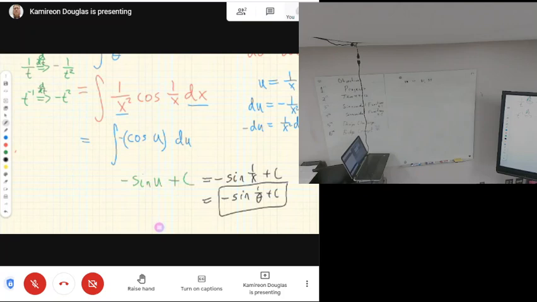A trick that my teacher used to show me was to rewrite the original problem here at the end. That way I make sure it's in the right form. My original problem was the integral of 1 over theta squared times cosine of 1 over theta d theta.